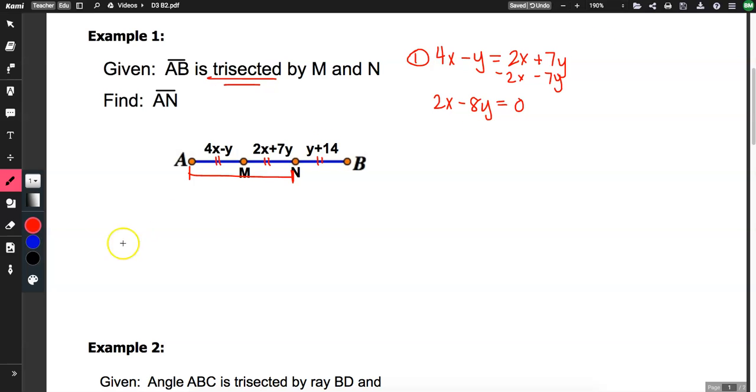And then my second equation, let's say I did 2x plus 2y, plus 7y equals y plus 14. So now I'm just setting the other two segments equal to each other. It doesn't matter which pairs you pick. So I'll again get everything on the same side. Subtract y. I'm going to leave the 14. 2x plus 6y equals 14.